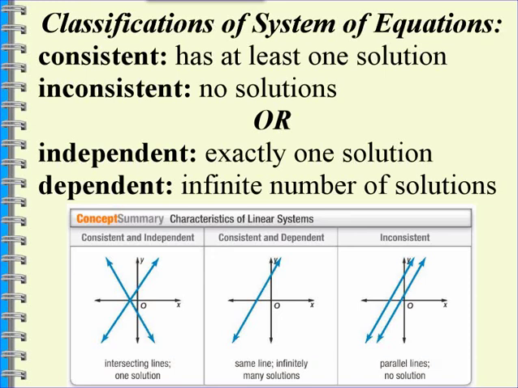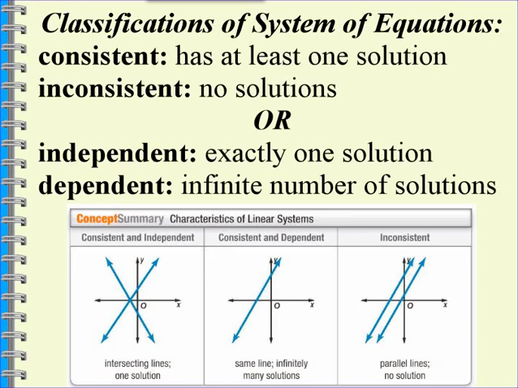And so what you need to get down is that a consistent and an independent system of equations looks like that. It will have two intersecting lines with one solution. A system that is consistent and dependent means that you will get the same line twice.